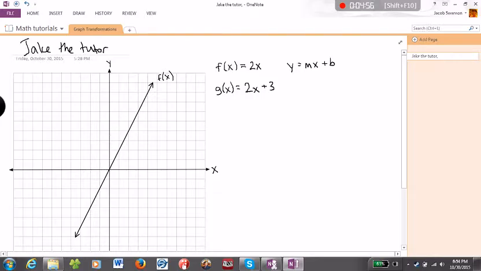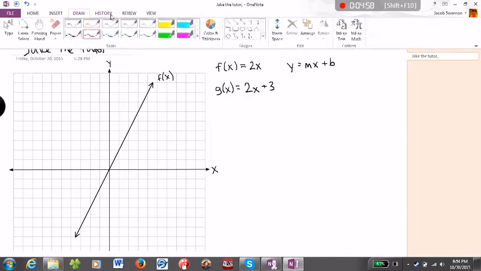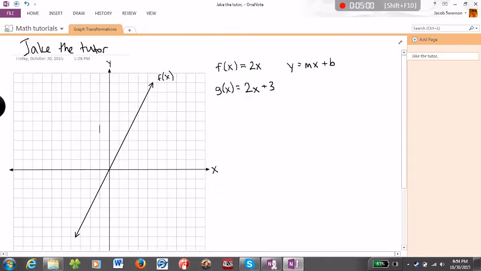I missed, or it just decided not to go where I wanted it to. That looks pretty good. We're going to try to grab this point and stretch it down to about there. And this line is g of x.